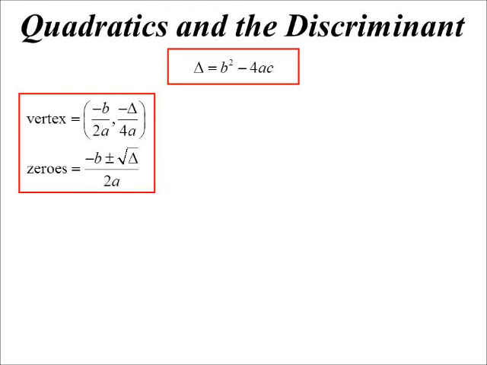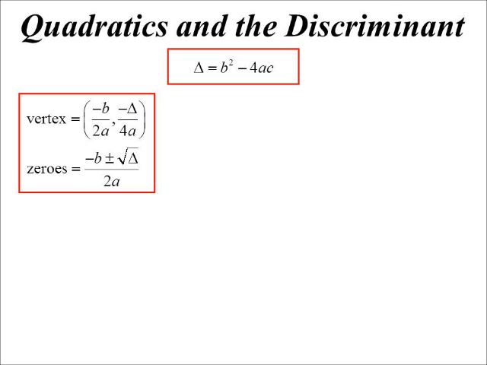There's another different way as well, using the thing we call the discriminant. Now the discriminant, its symbol is a delta, and it's basically b squared minus 4ac, which you might recognise from the quadratic formula. It's the bit under the square root sign. The x value of the vertex, as we know, is the axis of symmetry.